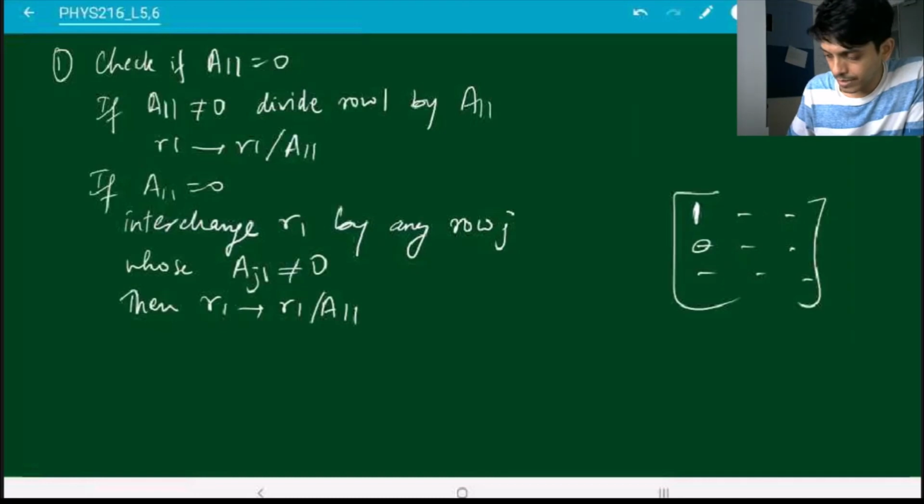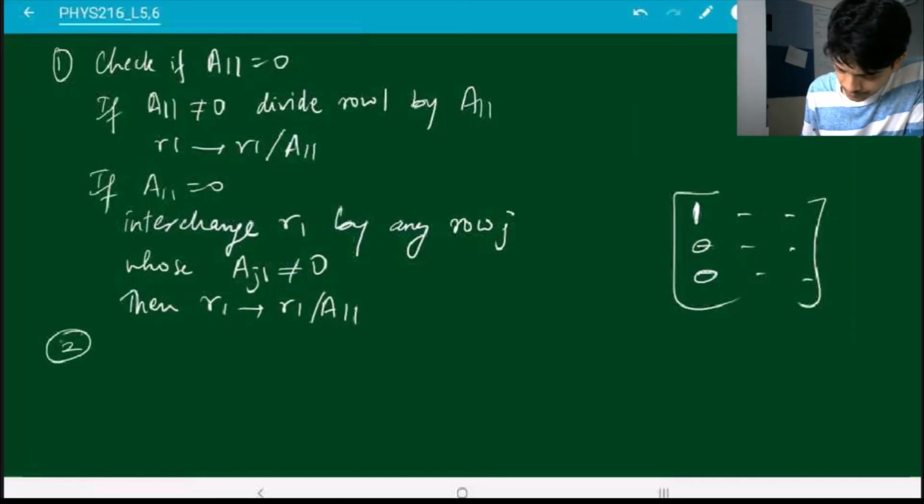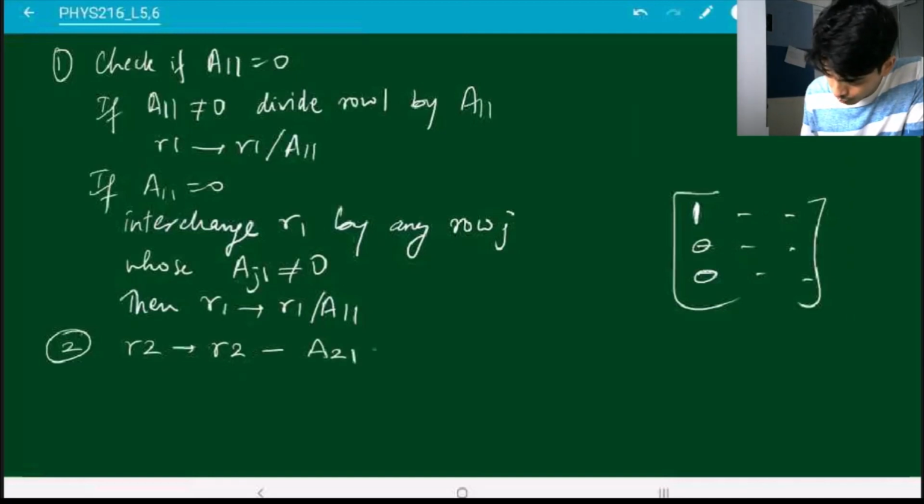Next step is to make these two 0. So the second step is R2 goes to R2 minus A21 times R1, because right now this is A21, this is A31.